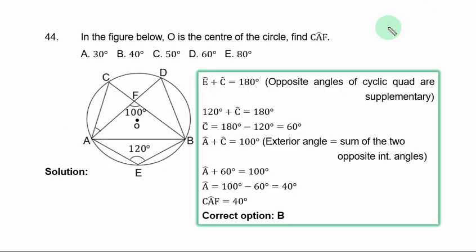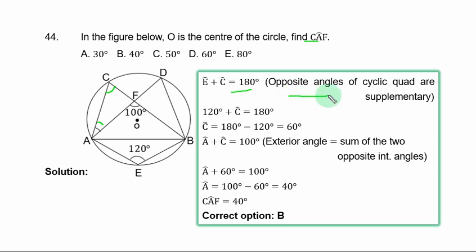Question 44. In the figure below, O is the center of the circle. Find angle CAF. Solution. That is this angle. To get this angle, we need this angle. Look at C and E. Their sum is 180 degrees.